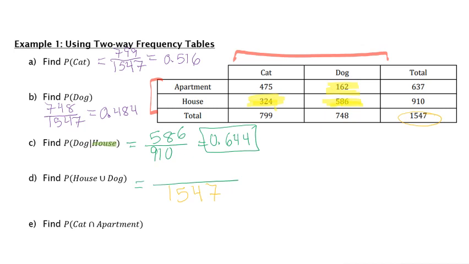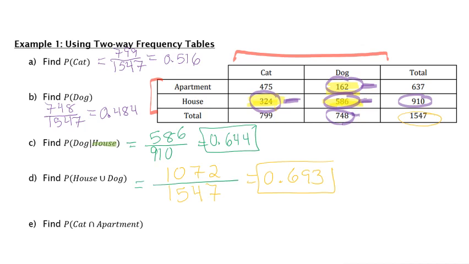But I don't want to count anybody twice, right? So I can't count the house and dog people. So I can't simply add these up because I would have been double counting that 586. So you can either add them and subtract, or some students just find it's easier to add these different frequencies within the chart. So if I add up 324, 162, and 586, those three values, that's going to give me my numerator, which is 1072. And then when I divide it, I'd get 0.693.